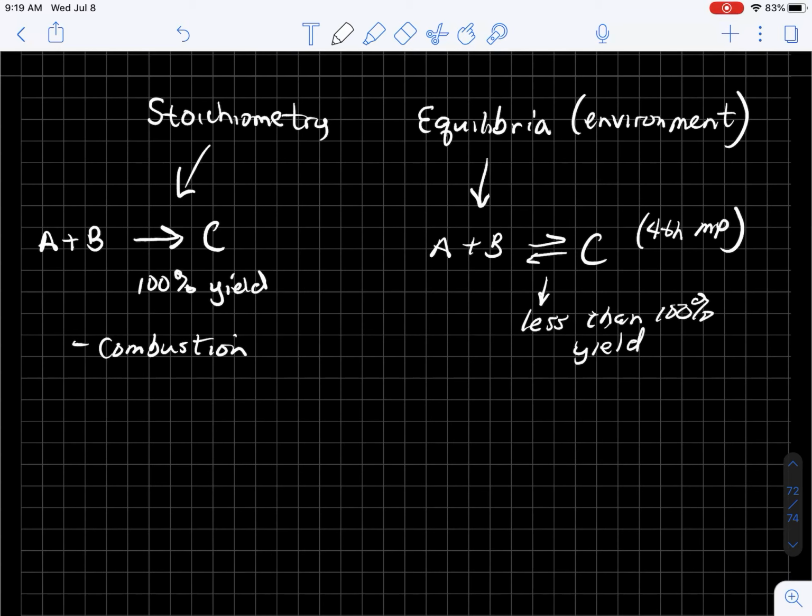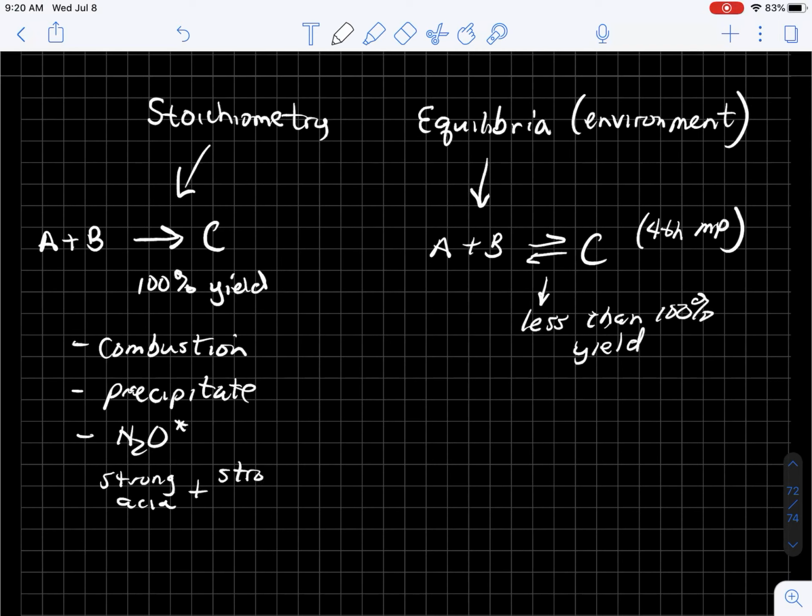So, reactions that follow stoichiometry: combustion reacts very nicely and goes to 100% yield. Things that produce a precipitate. Generally, and I'm going to put a star next to here, a lot of reactions that produce water molecules on our planet have a strong driving force.